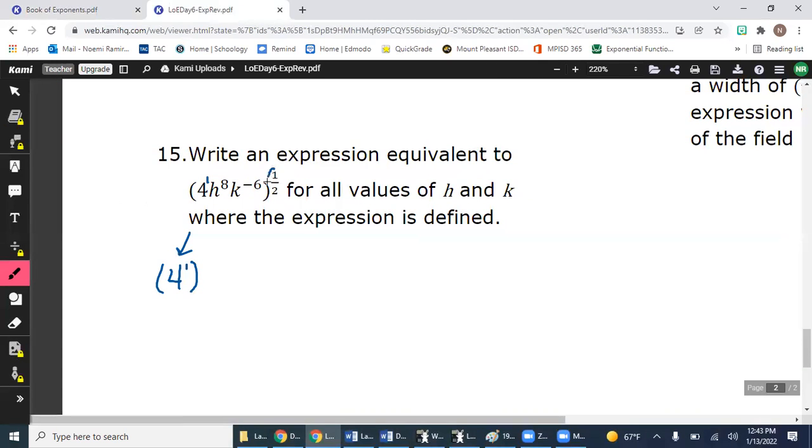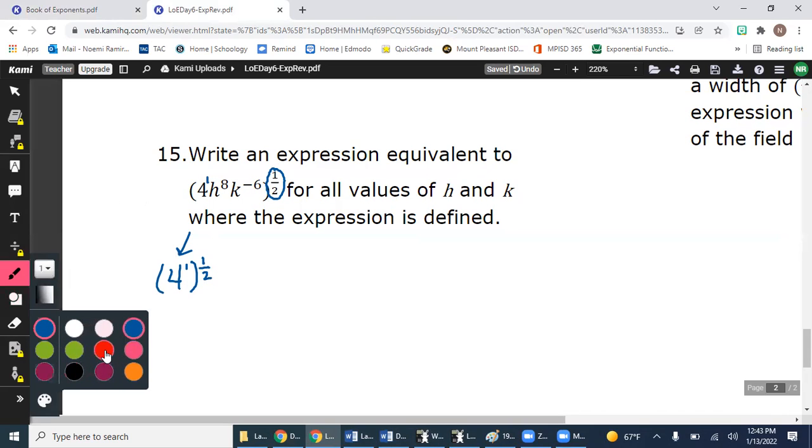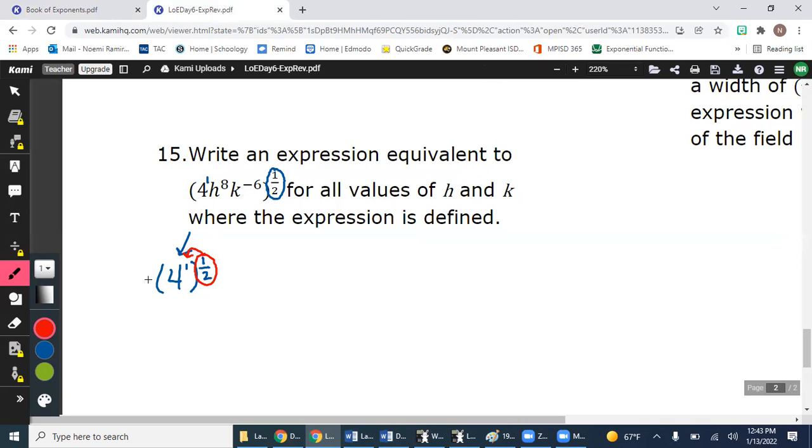What do we have outside of it? 1/2. Now it's okay that I have 1/2. Not like I cannot type that into the calculator. When you have 1 base and 2 exponents attached to it, what do you do to the exponents? You multiply them. So I get 4 to the power of 1 times 1/2. And what is 1 times 1/2?